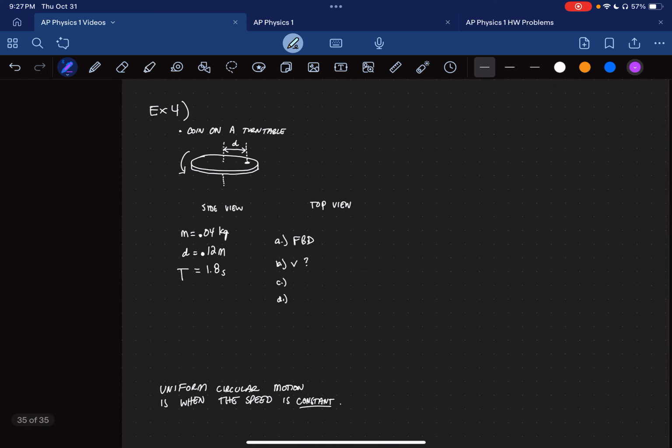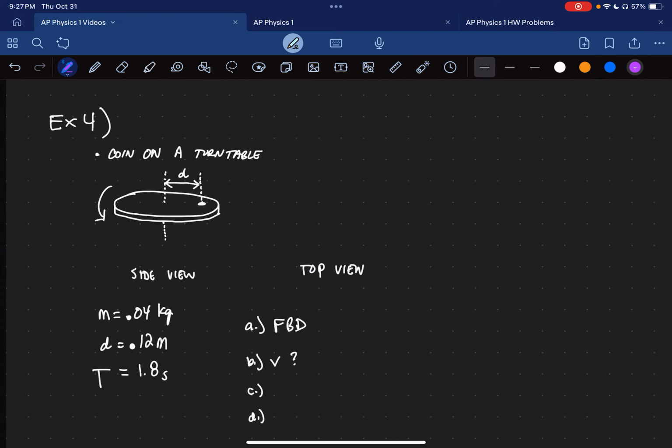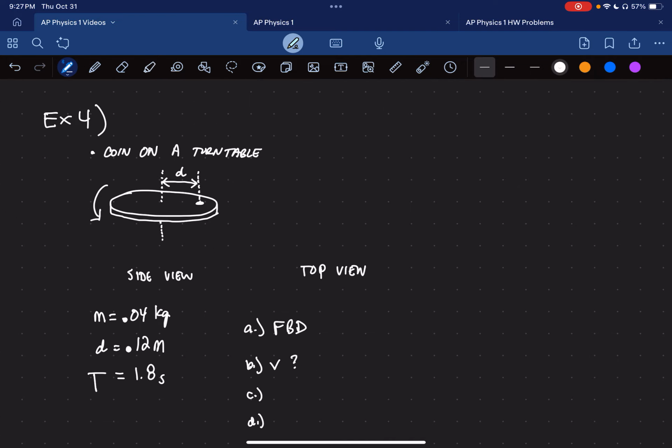Let's do the last one. Okay, let's draw something here. What we have is a coin on a turntable, and the turntable is spinning, a record player. Imagine a record player, and you have a coin sitting on the disc, and it's turning.